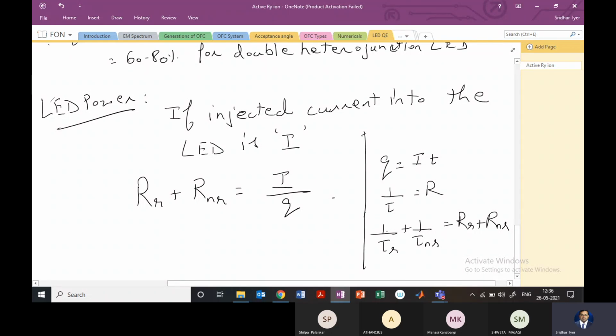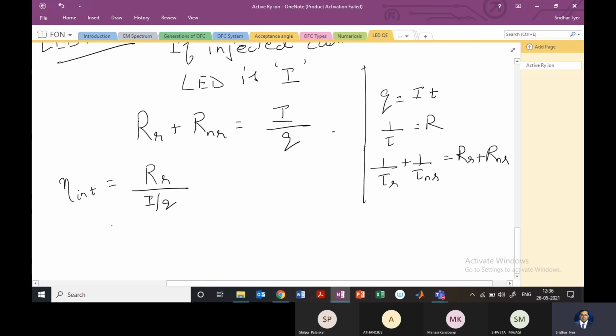Therefore the total recombination, radiative as well as non-radiative, will just be I divided by Q. Now we'll use the equation for internal quantum efficiency, which is R_R divided by the total R_R plus R_NR. Instead of that, I'm substituting I divided by Q. Therefore, from here we can rewrite R_R as eta_int into I divided by Q.